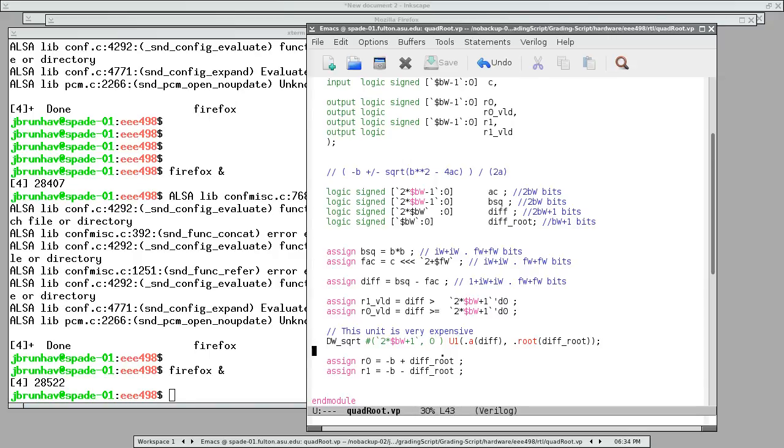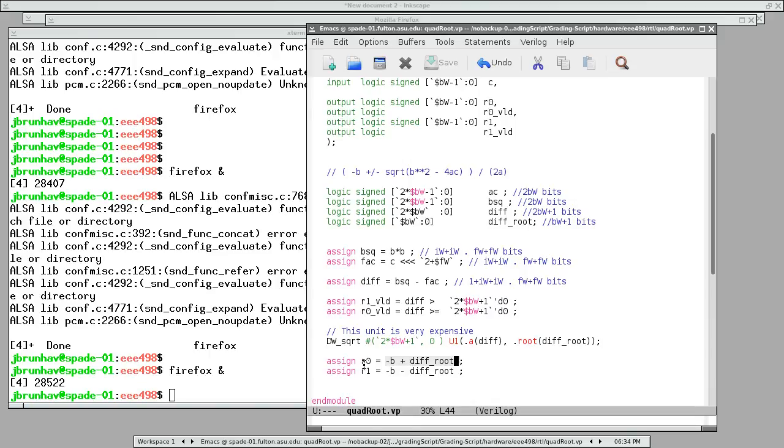Now we need to make sure that we aren't hurting ourselves here. Diff root is BW, and it is 8 bits of fraction, 9 bits of integer, minus B, which is 8 bits of integer and 8 bits of fraction. So this makes sense.